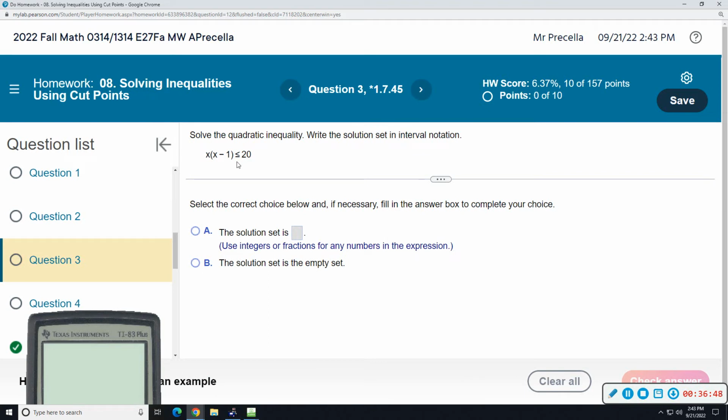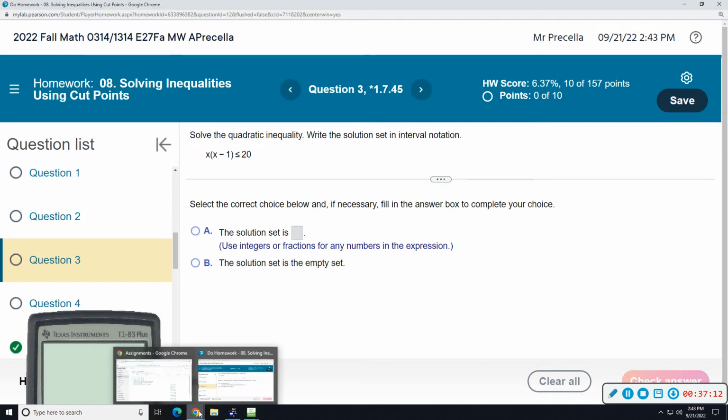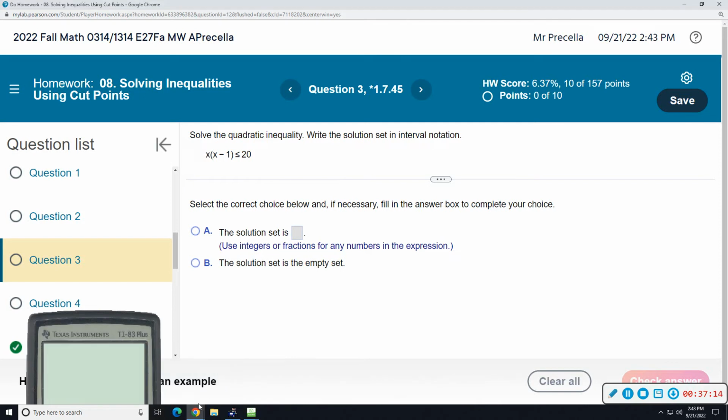And inequality means there's a less than or greater than in it. Quadratic, what does that mean? Do y'all remember? It means there's an x squared in the problem. At first glance, you might say, hey, I don't see an x squared. You will in a moment, okay? And then write the solution set in interval notation. Notice it does not say use cut points.